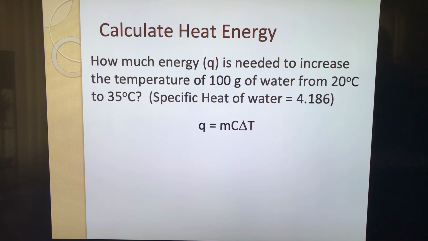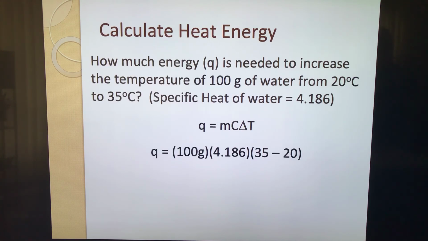How much energy, letter Q, is needed to increase the temperature of 100 grams of water from 20 degrees Celsius to 35 degrees Celsius? And I'm going to tell you the specific heat of water is large. It is 4.186. So our equation, Q, the heat energy, equals M times C times delta T, the change in temperature. So we're just going to fill in some numbers.